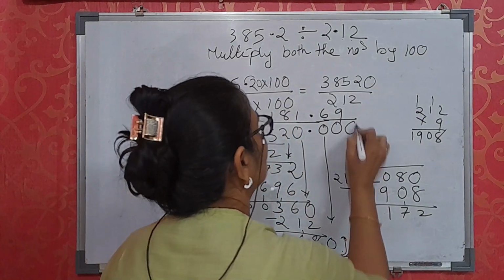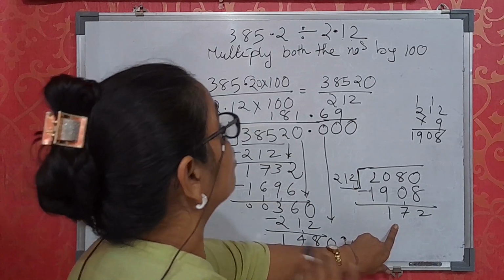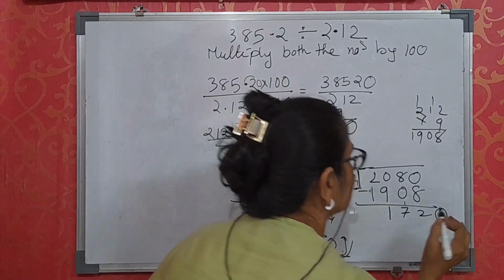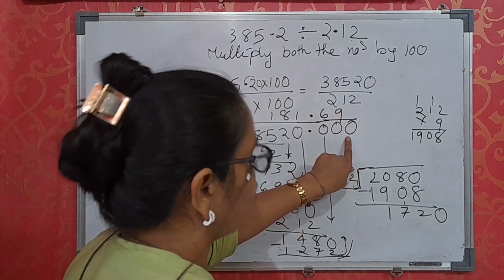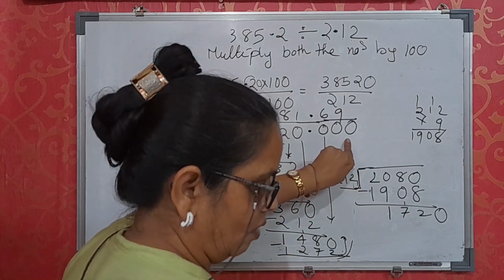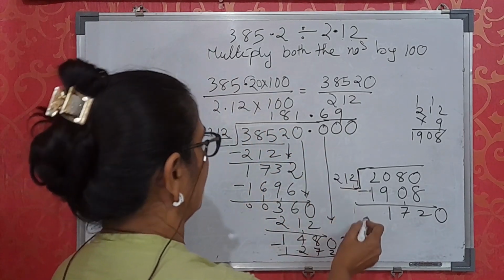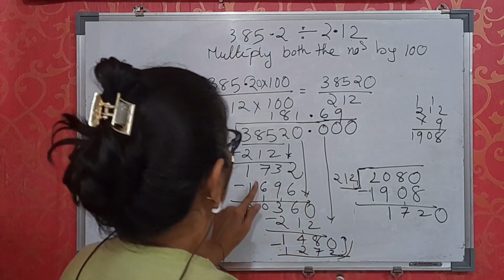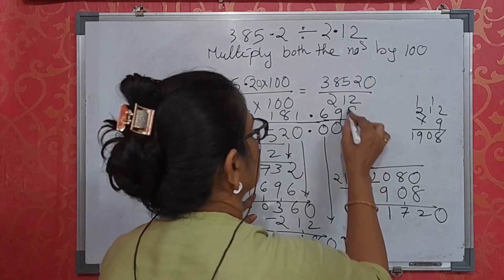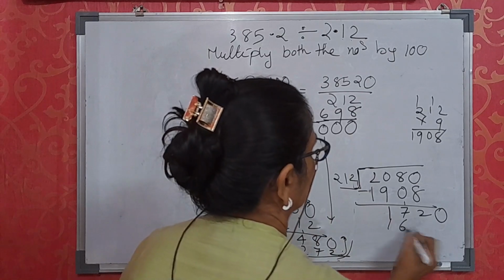172. Again I am getting a remainder, but I don't want a remainder. So one last chance, I am taking one more extra 0. Now it will go by 8 again, and my answer will again be 1696.